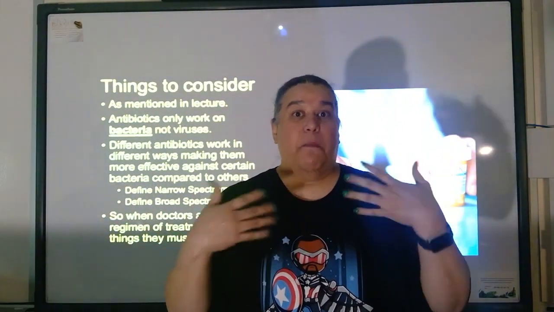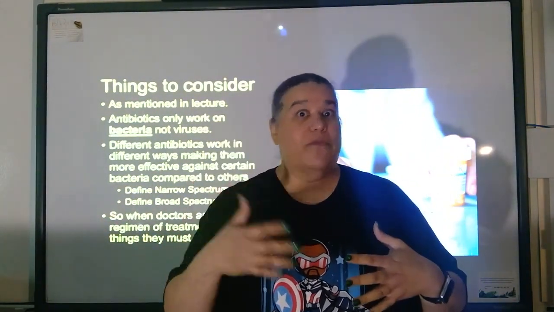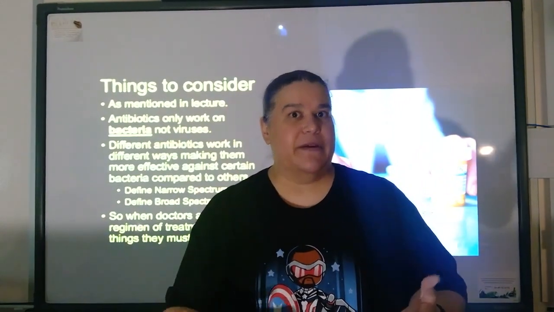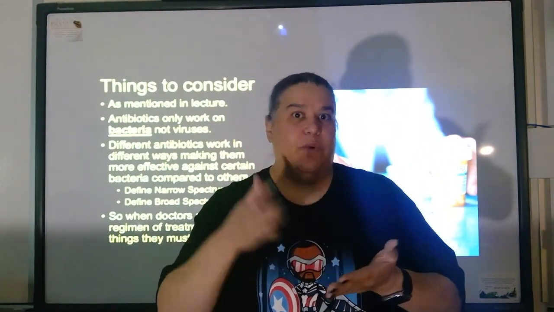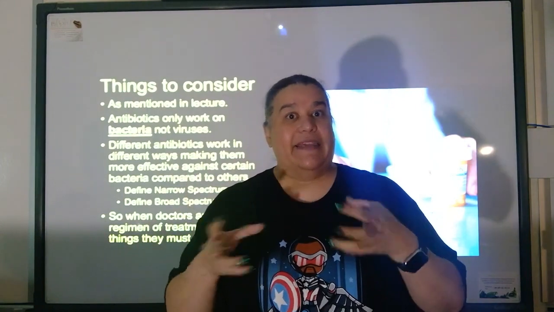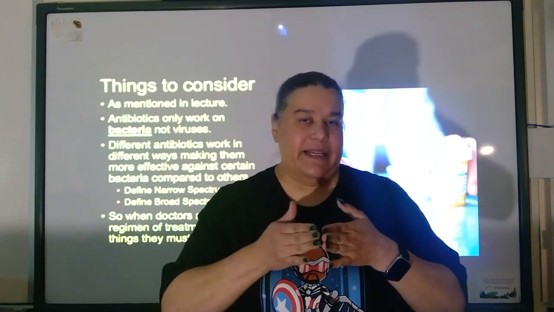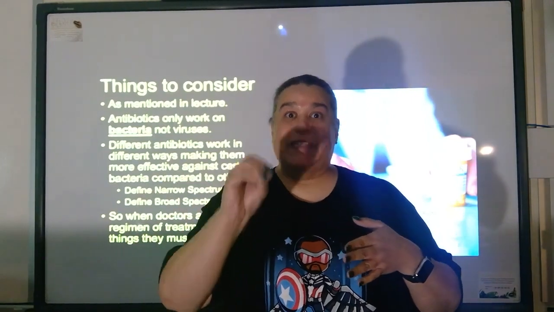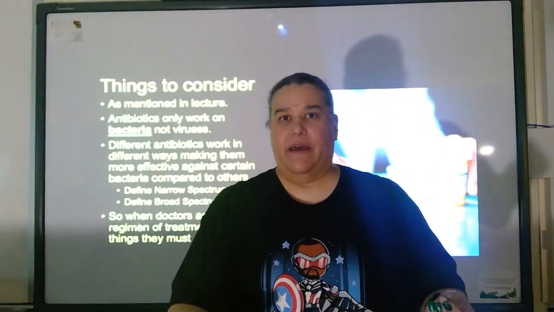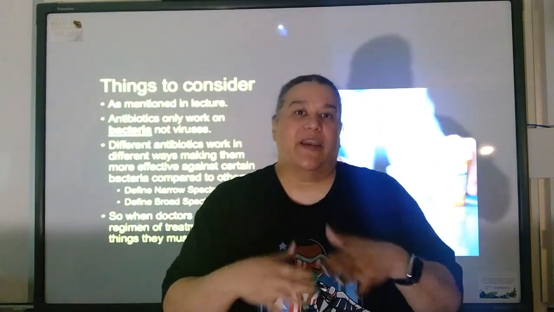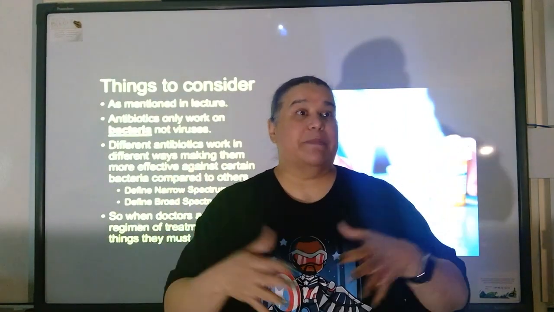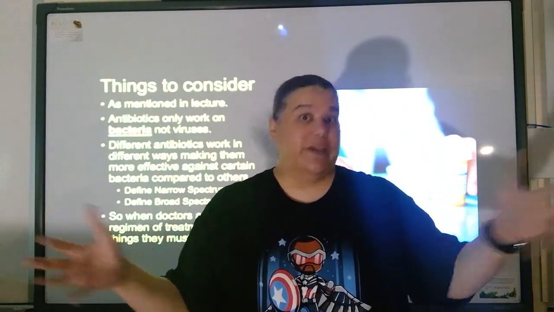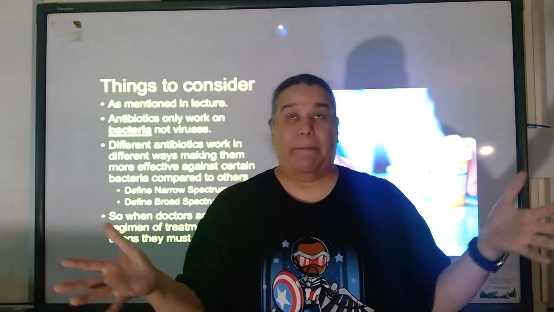That gives them more of an opportunity of hopefully having something that's effective. If I keep taking samples from that patient and eventually figure out exactly what it is that's infecting them, then I can change the treatment to something that is specific for that bacteria. But until I know that, broad spectrum makes the most sense because it's the thing with the widest reach that can treat the most bacteria.